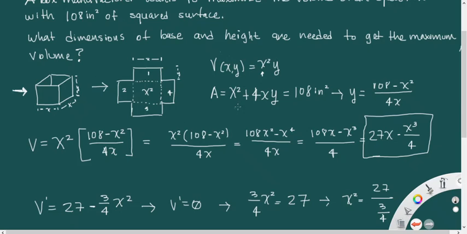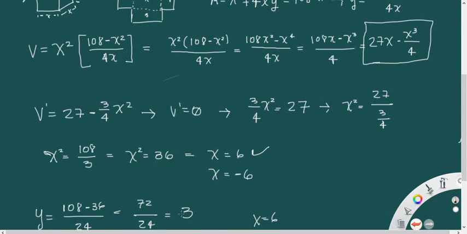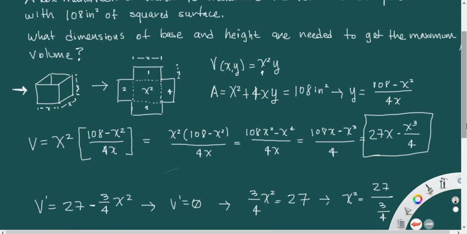Now you need to translate the general formula of volume into your new objective function, which is this one, solve for y, calculate the derivative, make the derivative equal 0, solve for x, and then solve for y, and you will have your problem solved.